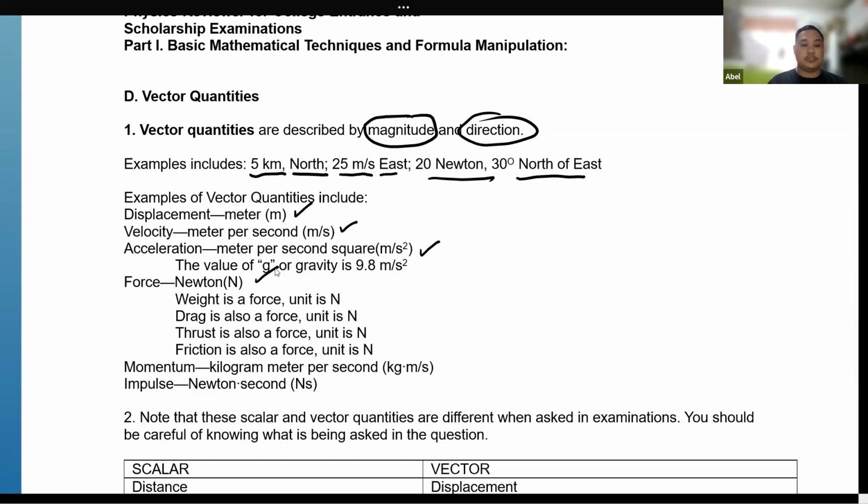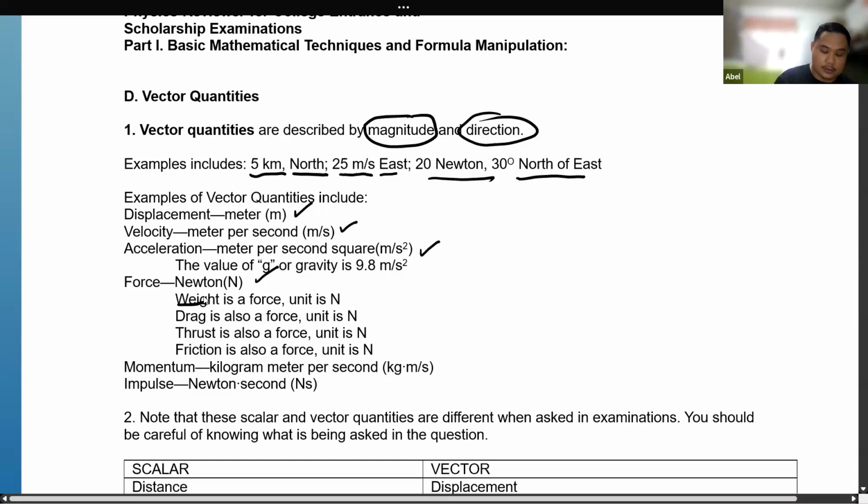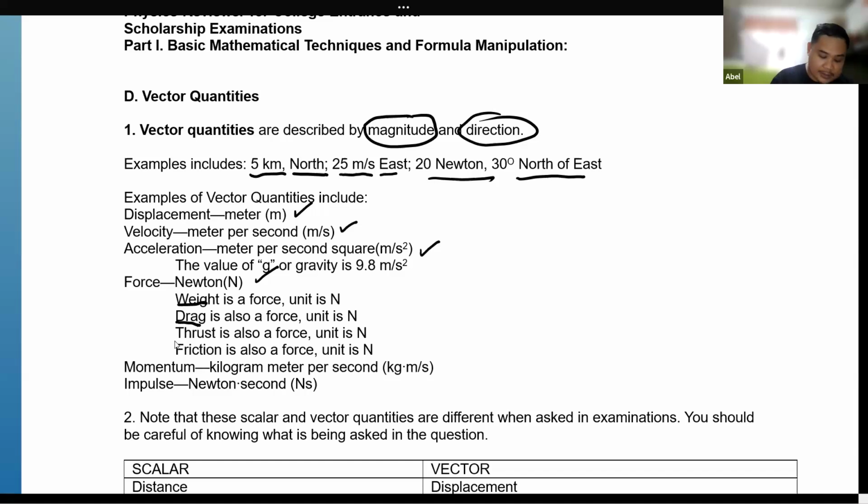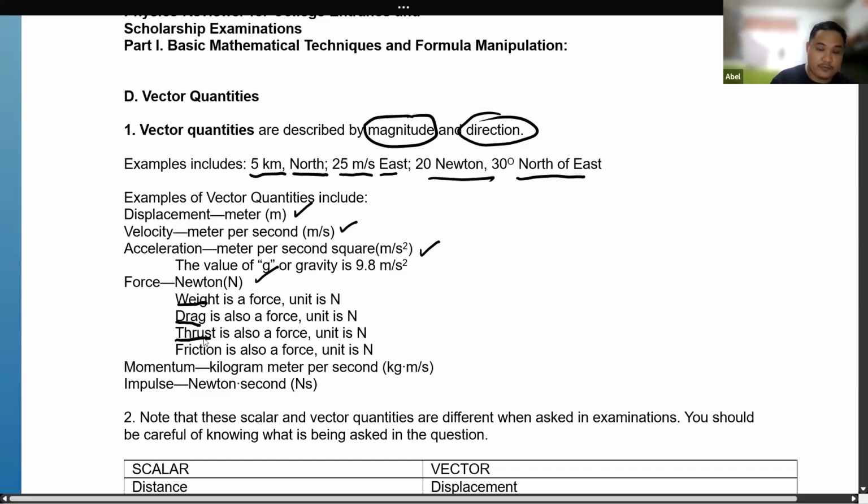other terminologies regarding force or another type of force. You might encounter weight; the unit for that is a force. We also have drag, which is also a force. It is usually the friction coming from the air. We also have thrust, that is for the mechanical movement of any flying objects, for example, the airplane. We also have friction, which is also a force, and the unit of that is Newton.